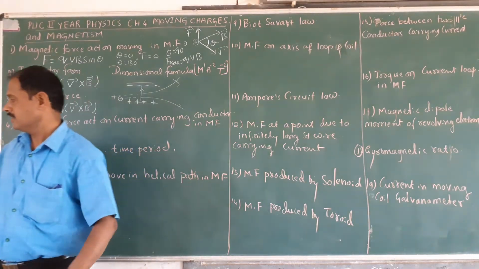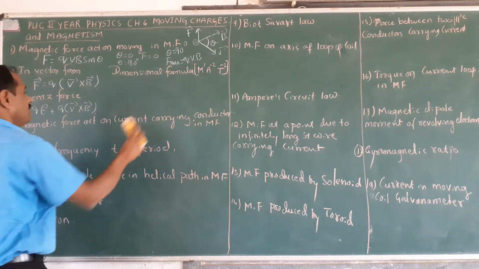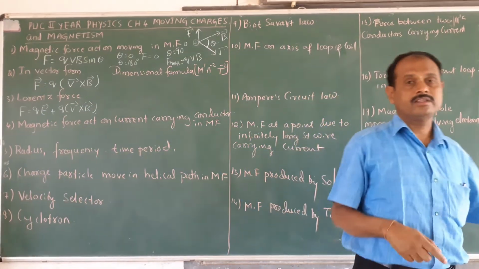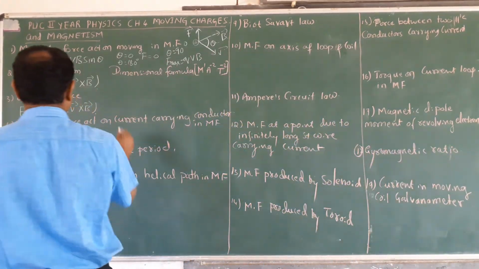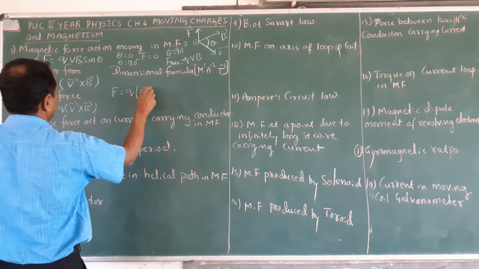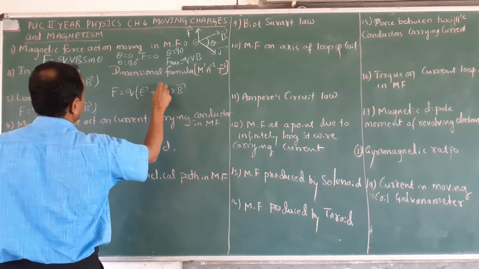When a charged particle enters the cross fields, cross fields are nothing but the magnetic field and electric field acting at a point, perpendicular to each other. Now F = q(E + v × B).